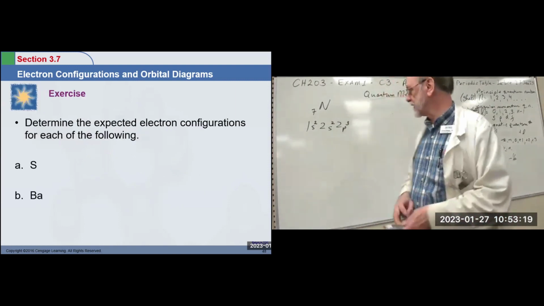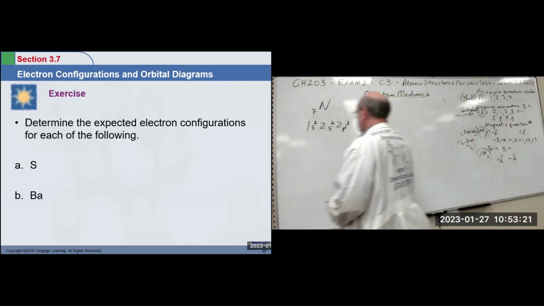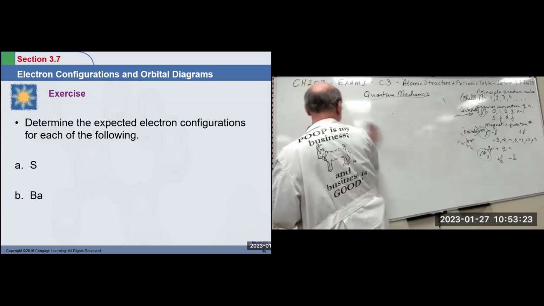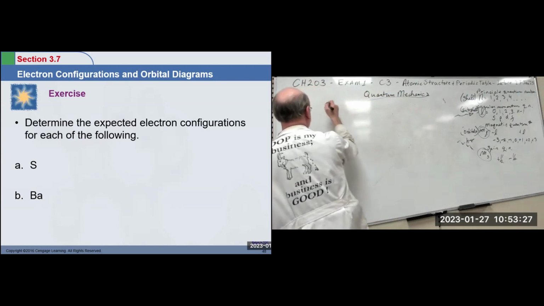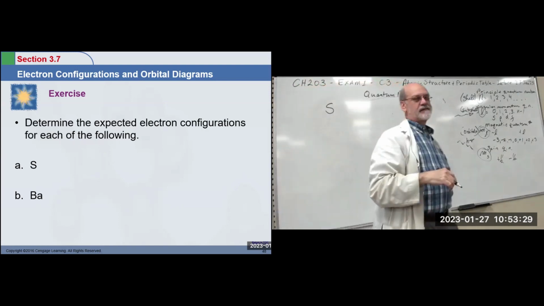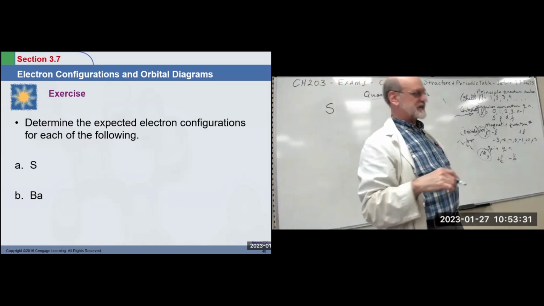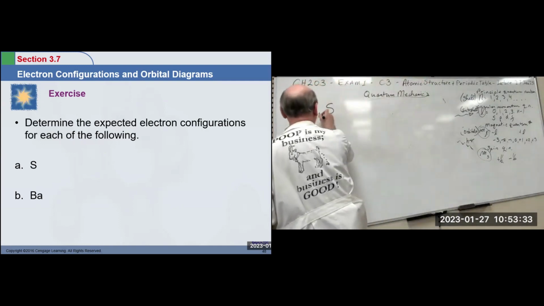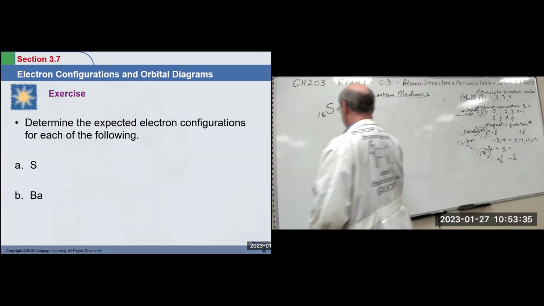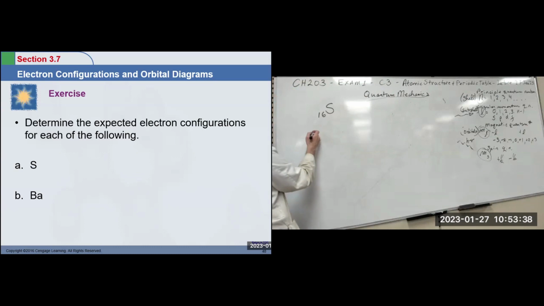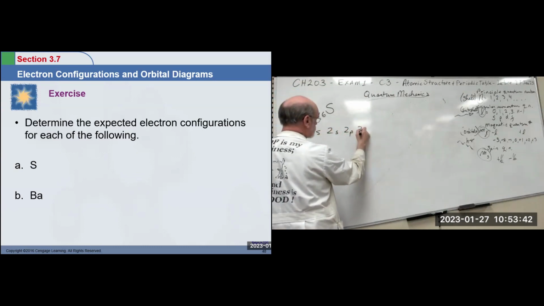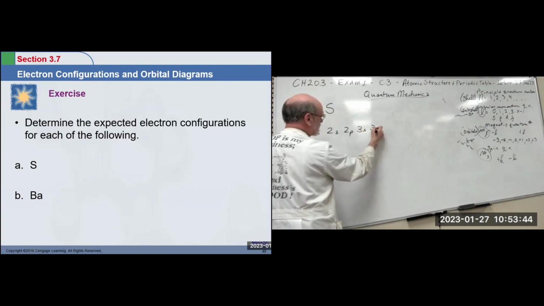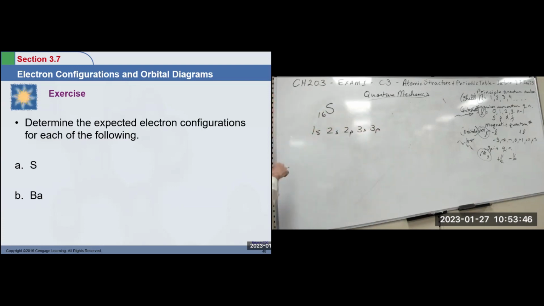How about sulfur? Let's do sulfur. Can you find sulfur? How many protons does it have? 16. Yep. That means 16 electrons. So if we go 1s, 2s, 2p, 3s, 3p, maybe we need more, but let's see if we do.